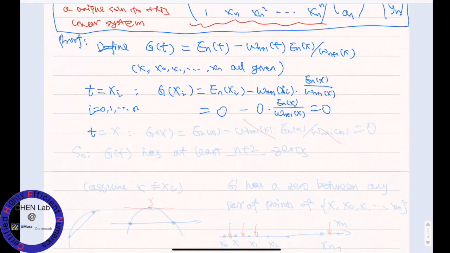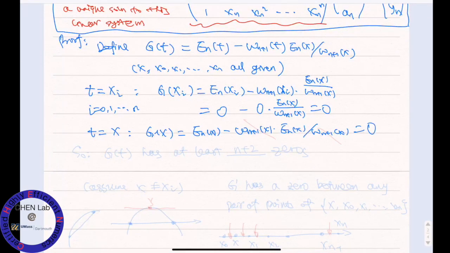Now, the tricky part, the nice thing of defining t that way, is that you evaluate t at xi. We assume x is not one of those xi's because if x is one of those xi's, the theorem is trivial. The error is 0 at x. We have nothing to prove if x is one of those xi's. So assume they are not the same. In this case, if we plug in x for t, you're going to get en x minus omega n plus 1 x times en x divided by omega n plus 1 x.